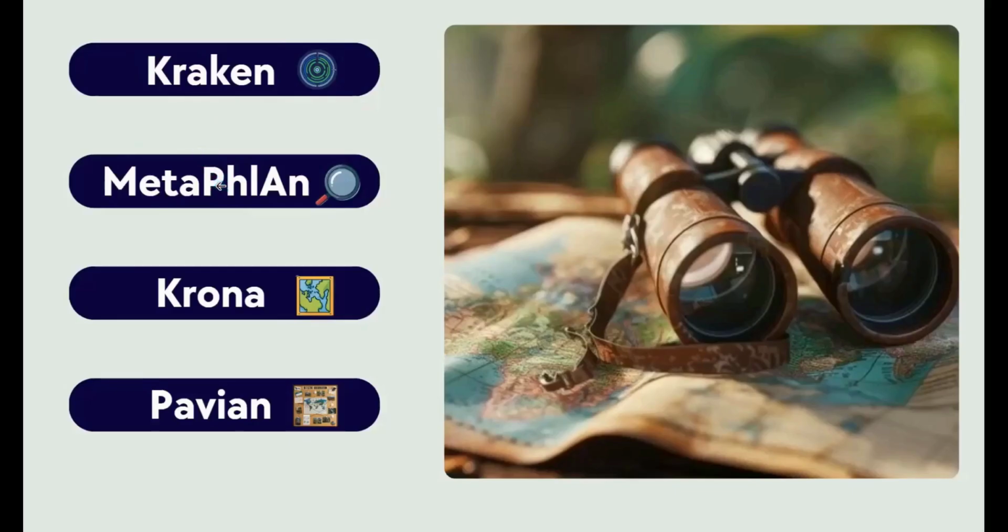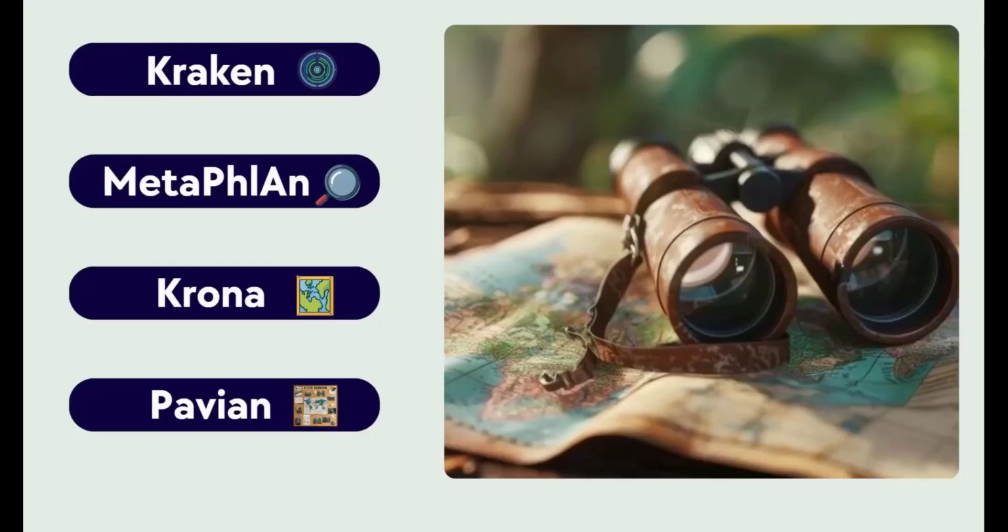Then comes MetaPhlAn. The MetaPhlAn tool, I can call it the genetic magnifier. It's like a magnifying glass that spots tiny special clues. In summary, MetaPhlAn looks only for very unique DNA signs to tell exactly which species are there. Since it searches for unique DNA markers, it is super accurate.